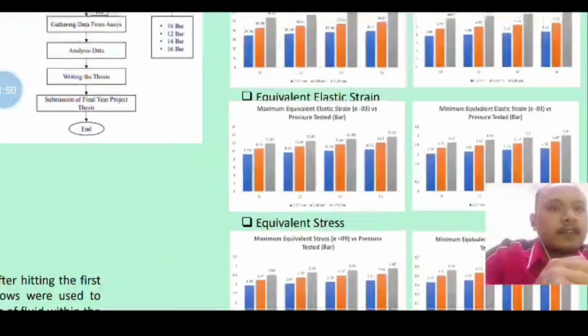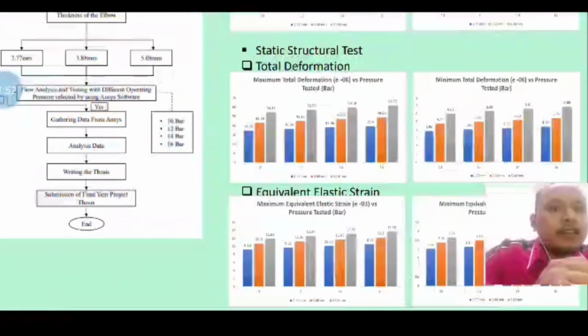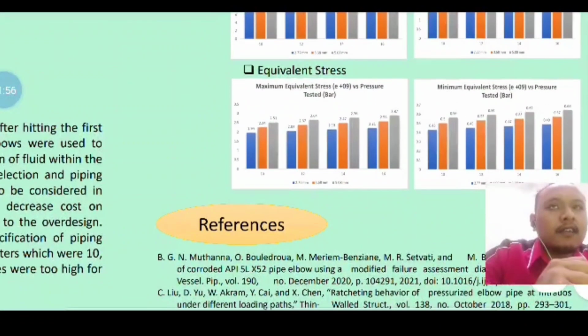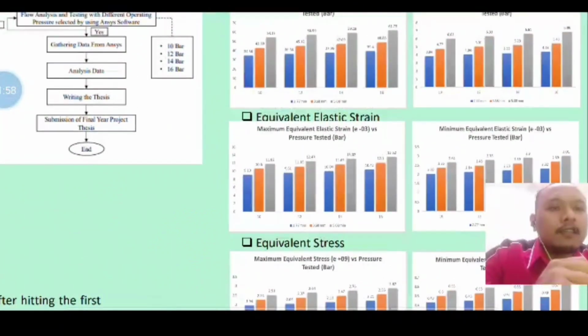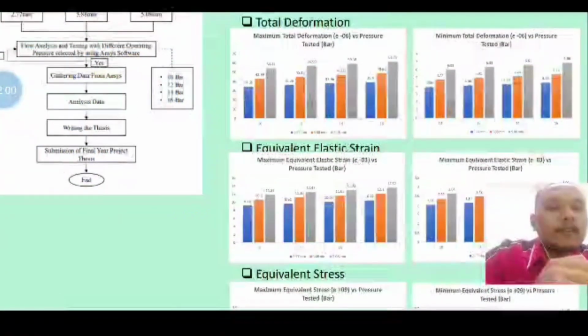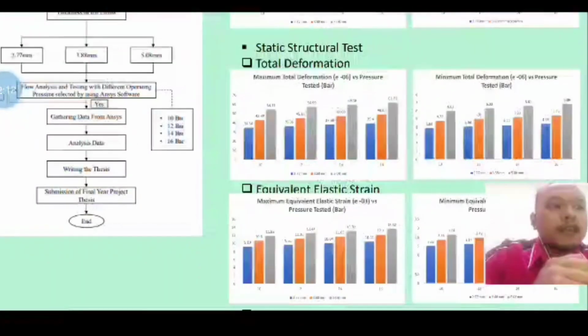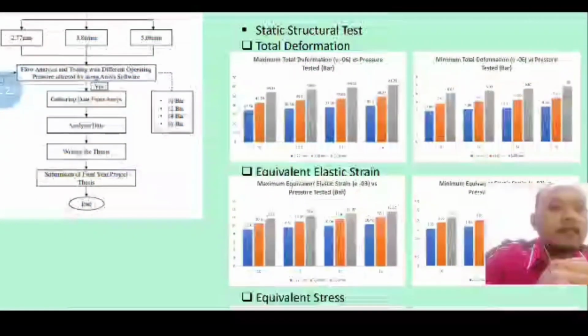These three results of the static structural test show that the piping specification is not suitable for this specified pressure, which means based on the results obtained, it is confirmed that the specification of the piping is not compatible with the specified pressure tested in this simulation study.